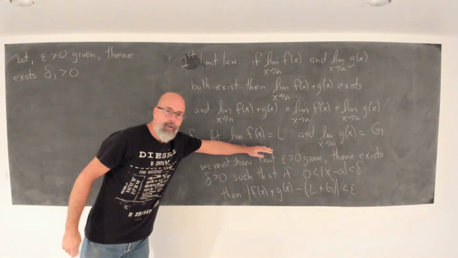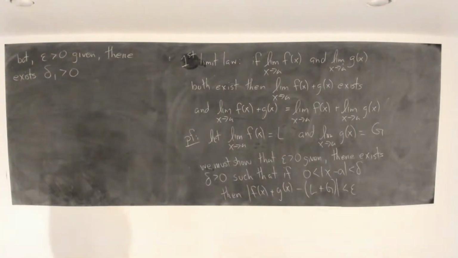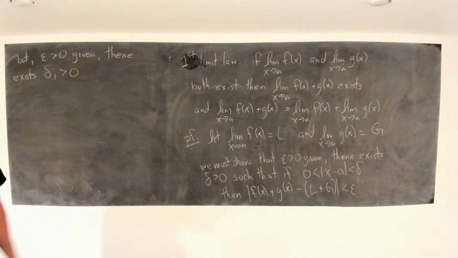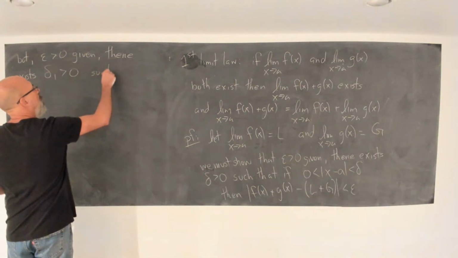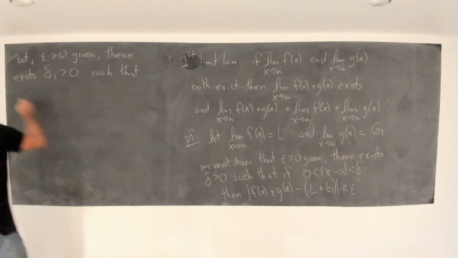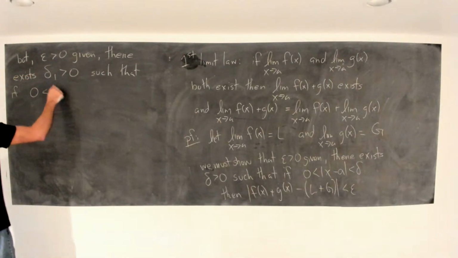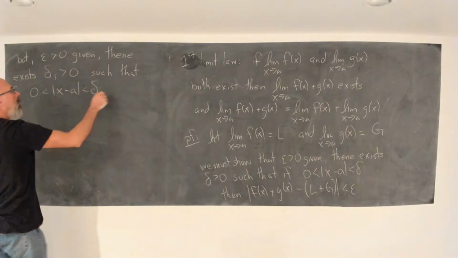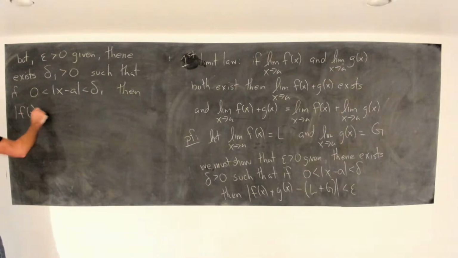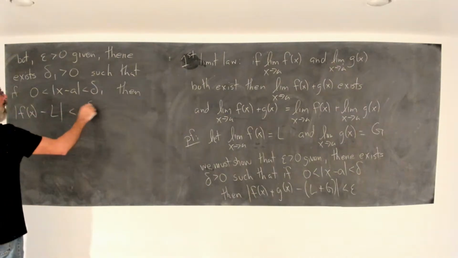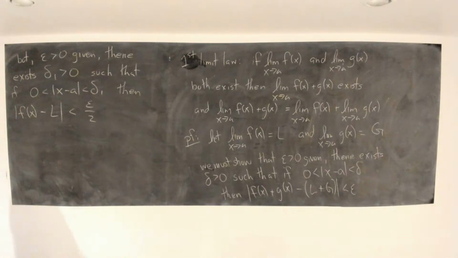According to this, there exists a delta 1 greater than 0, such that if the absolute value of x minus a is less than delta 1, then the absolute value of f of x minus L is less than epsilon over 2.